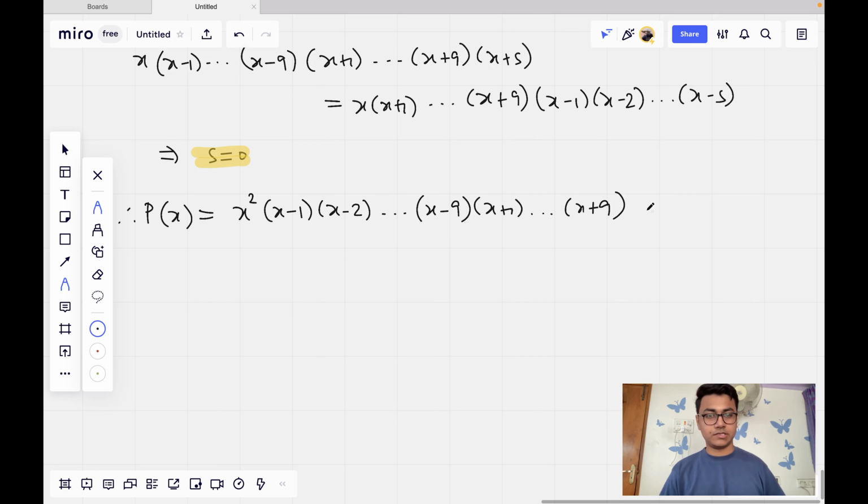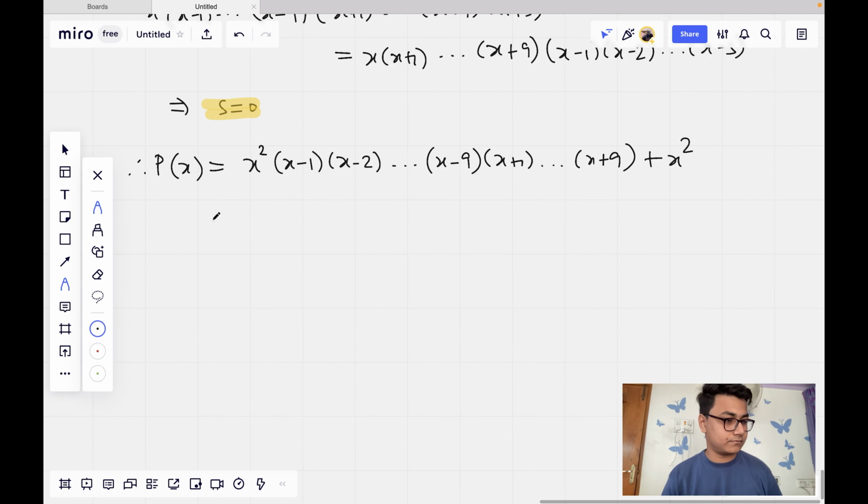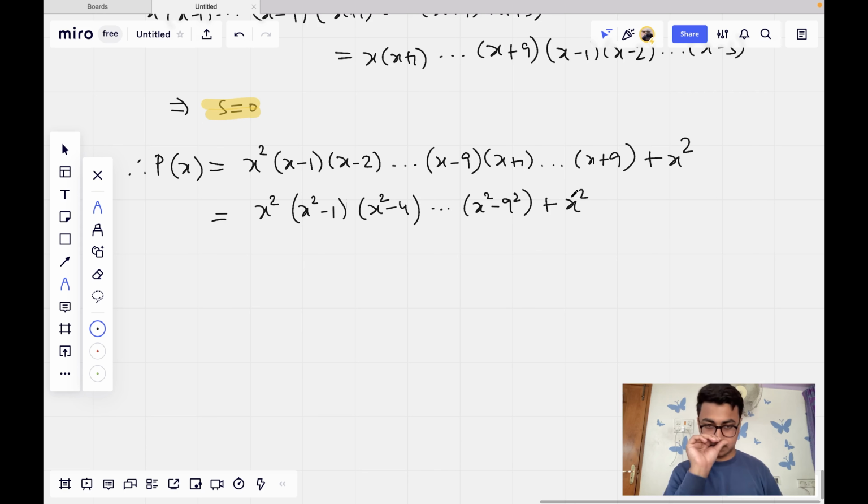There are 10 terms here, plus x squared. So this is the polynomial p of x, right? We can write this in a more compact form. It will be easy to express. x squared times x squared minus 1, x squared minus 4, up to x squared minus 9 squared, plus x squared.